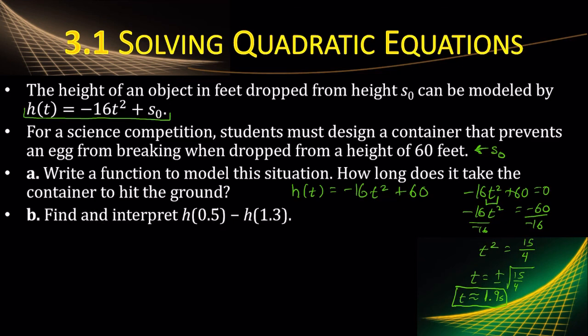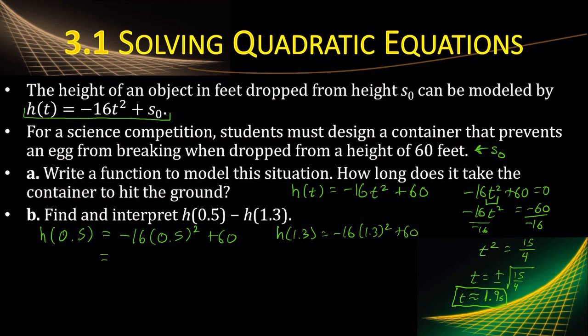Then it says find and interpret h of 0.5 minus h of 1.3. All right, h of 0.5 is when I plug in a 0.5 for the t. H of 1.3 is what I get when I plug in a 1.3.